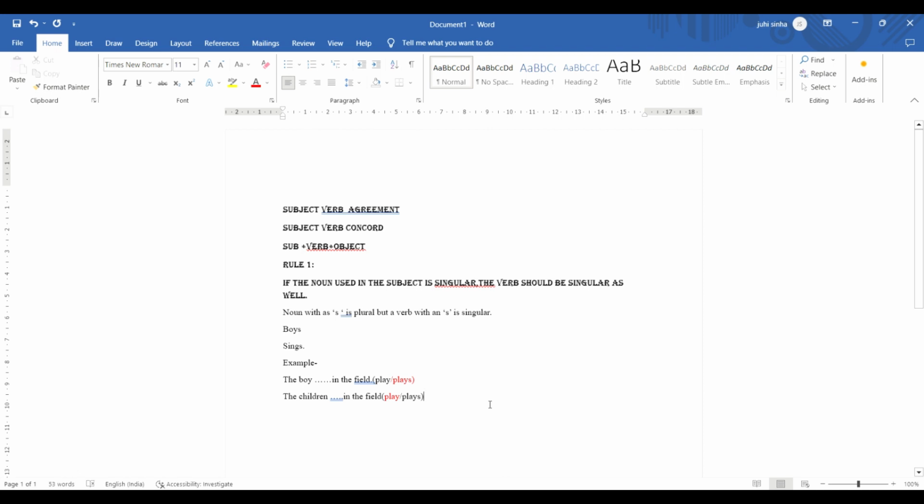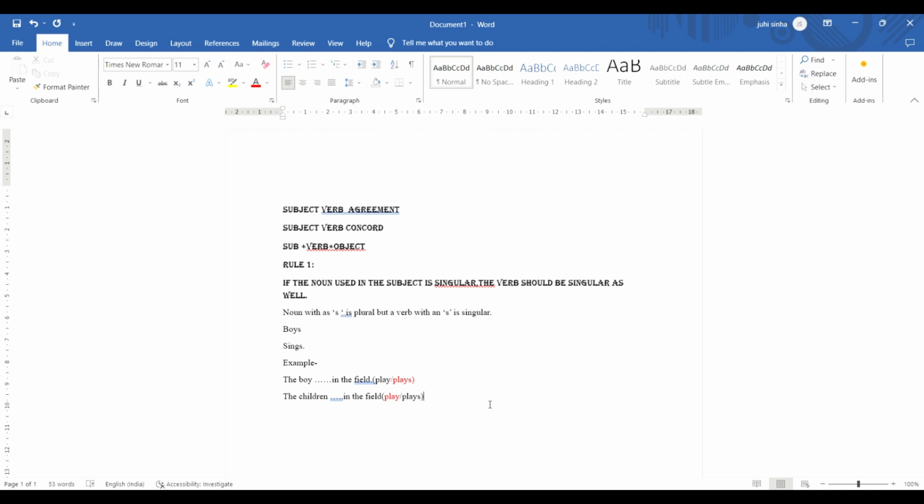Once again, I'll tell you what topic we are dealing with. We are dealing with a very important topic in English grammar, that is subject-verb agreement. Now, what do I mean by this? I mean that a verb used in a sentence should always be according to the subject used in the sentence. If the subject is singular, the verb should be singular.